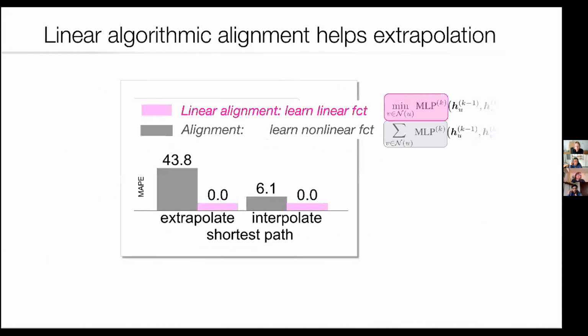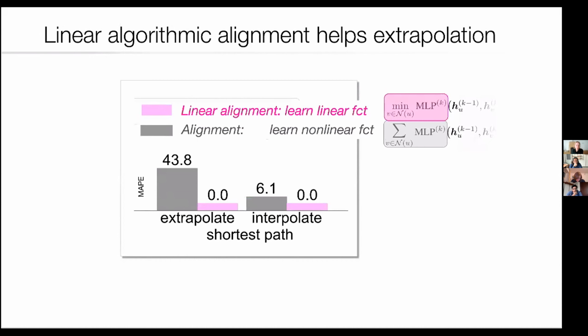So here's one empirical result on this, again for shortest path. We have two different networks. One uses the min aggregation and one uses the sum aggregation. The gray one has to learn a nonlinear function and the pink one has to learn a linear function in its aggregations. Now you see that for interpolation on the right-hand side, it doesn't really matter.